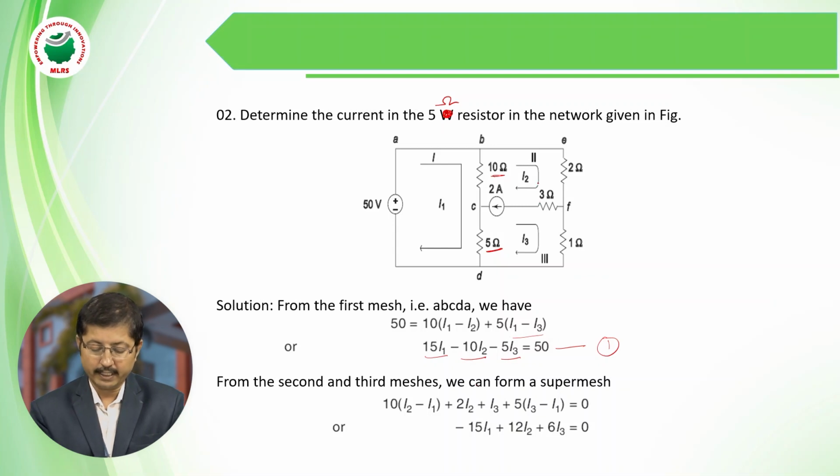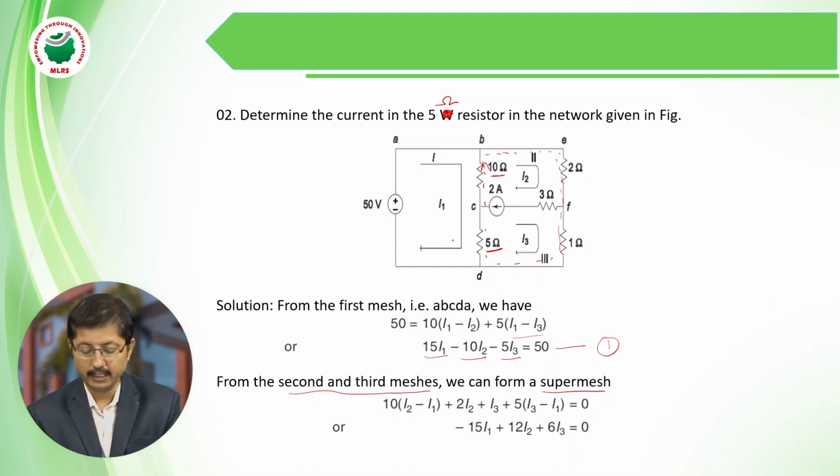Similarly, for the second and third loops, we are not going to apply KVL directly because there is a current source between these two loops. Therefore we have to apply a super mesh. What is a super mesh? I am indicating it as a dotted line here, and we apply KVL only in this loop, only in the portion of the dotted line.